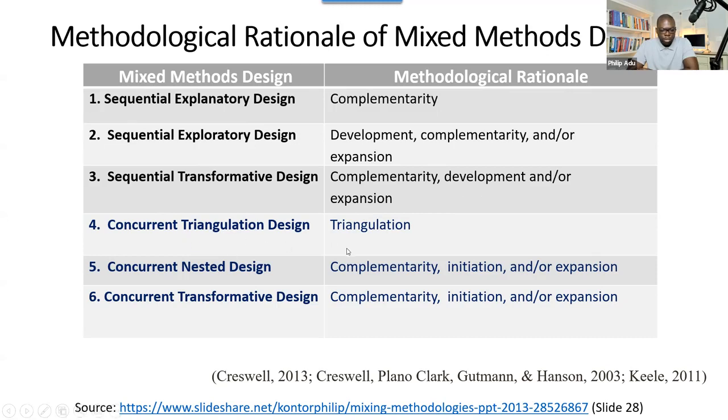And triangulation design, you can use triangulation, and concurrent nested design, you can use complementarity, initiation and or expansion. And the last one is concurrent transformative design, which you can use complementarity, initiation and expansion. So this is just an overview of the methodological rationale that you could use to defend the approach that you have selected.